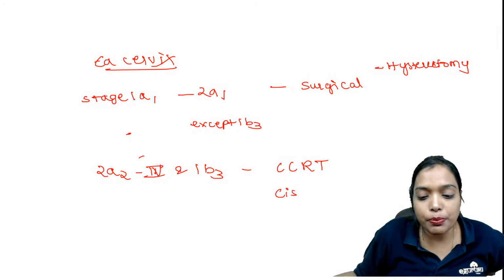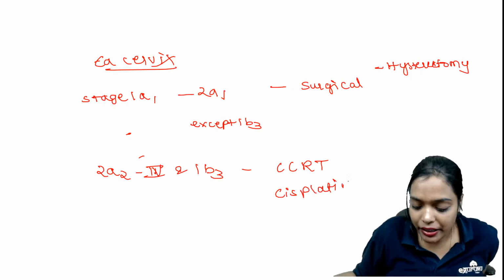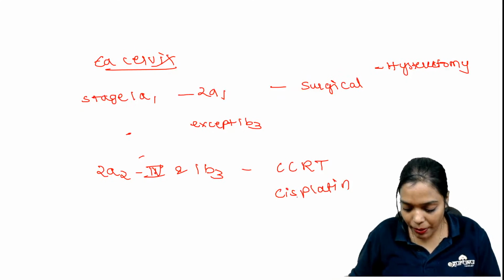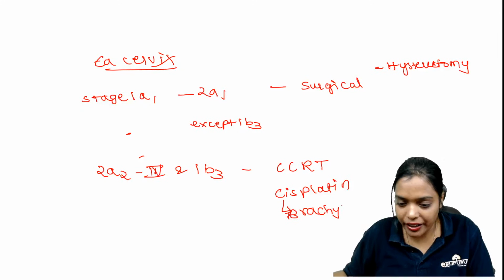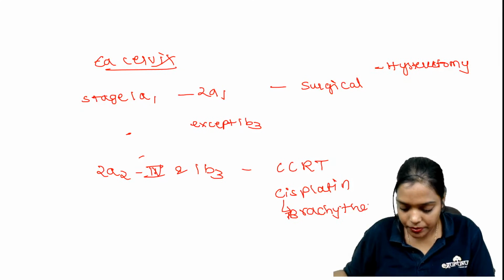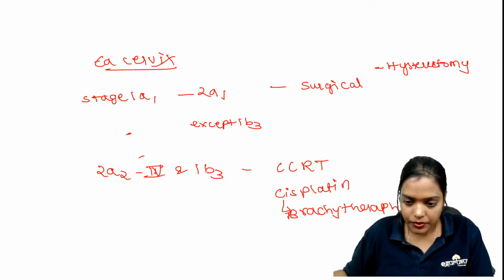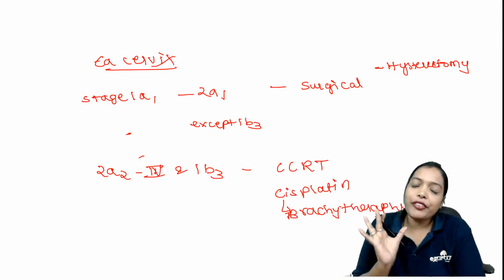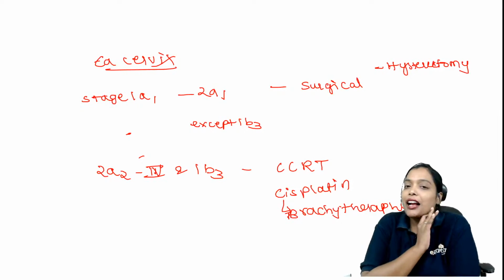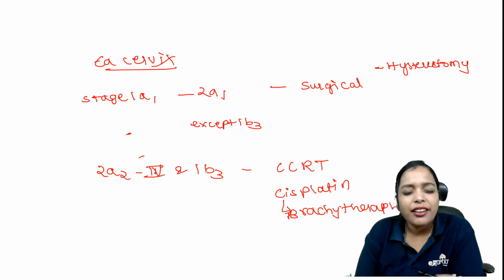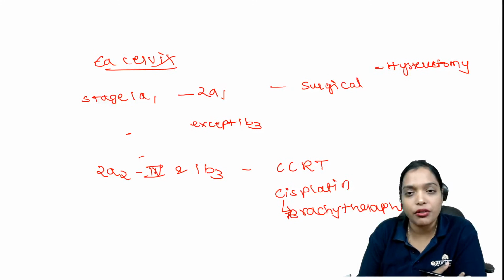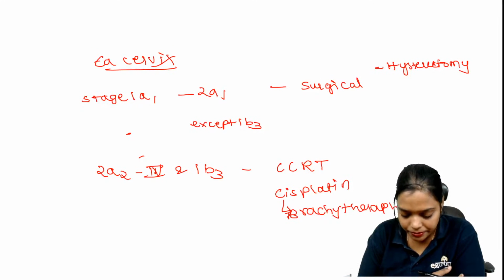That is, you can give cisplatin followed by either brachytherapy or intensity modulated radiotherapy. Simple. If you remember this much, you can crack most of the questions asked in cancer cervix regarding management. Very simple. For last minute, these are the best pearls which you can take.